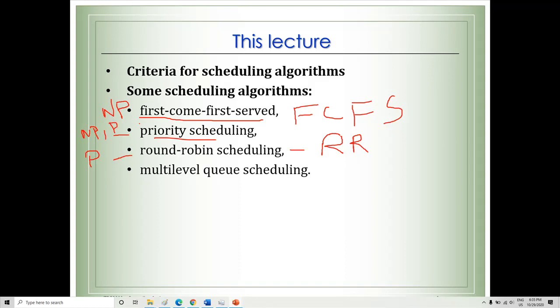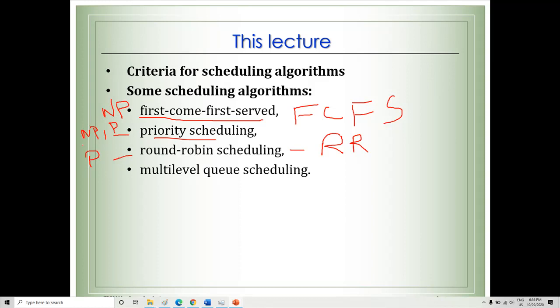So let us recall that CPU scheduling algorithms can be classified into preemptive and non-preemptive. You already know what a preemptive algorithm is and how it behaves, and also how non-preemptive algorithms behave. FCFS is non-preemptive.